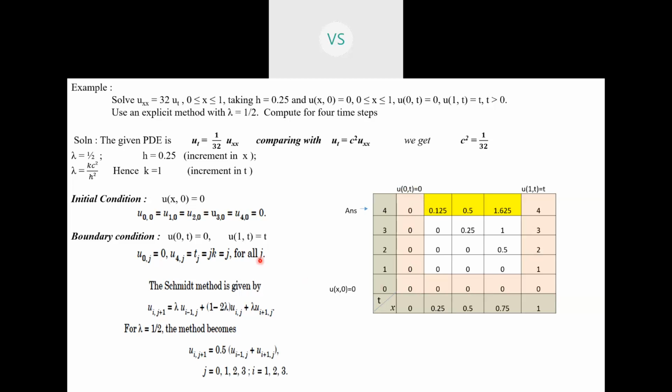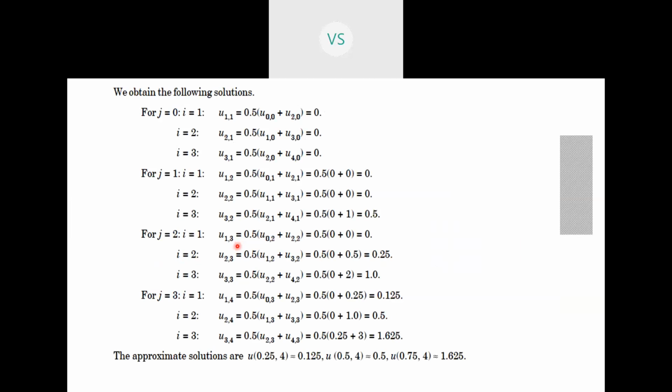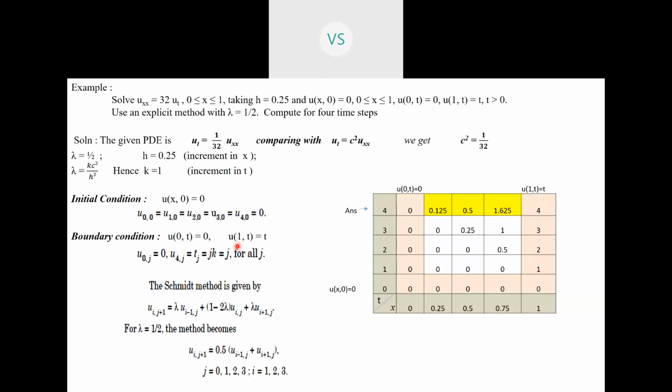Now another condition is given to you. What is the other condition given to you? At x is equal to 1, and at any time t, what is the value of u? It is equal to t.